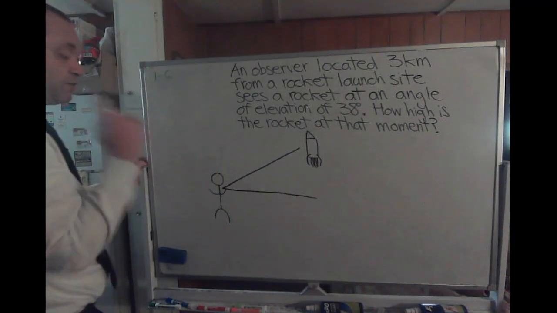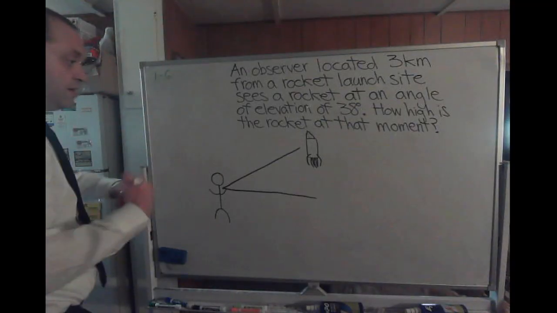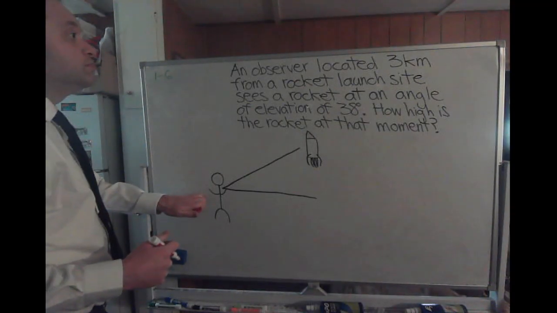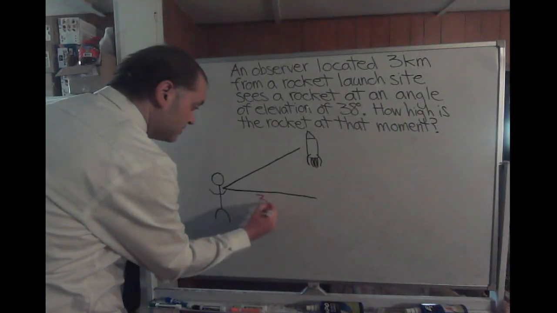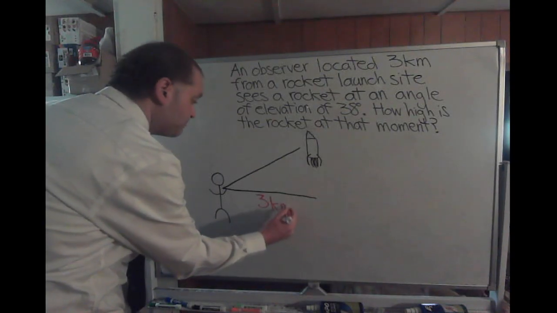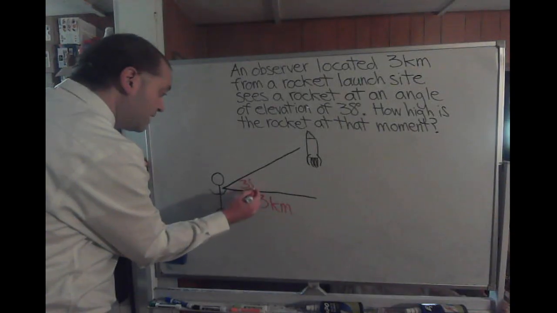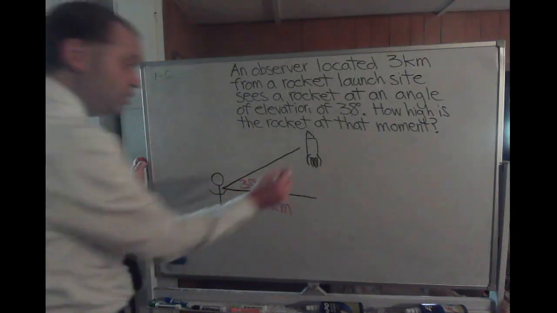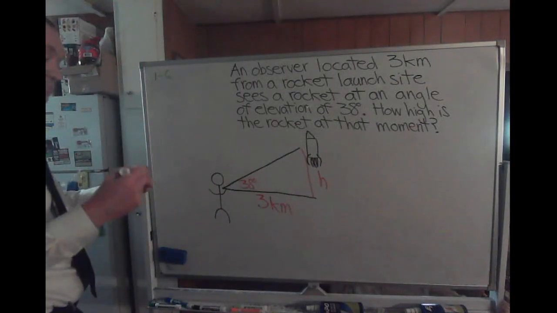Well, he is 3 kilometers from the launch site. So from him to where the rocket launch site is 3 kilometers. That's your ground distance. The angle of elevation he's looking up at is 38 degrees. What we want to know here is the height of the rocket at that moment.